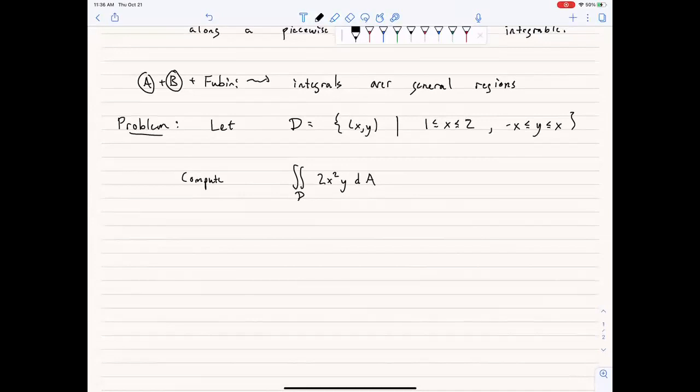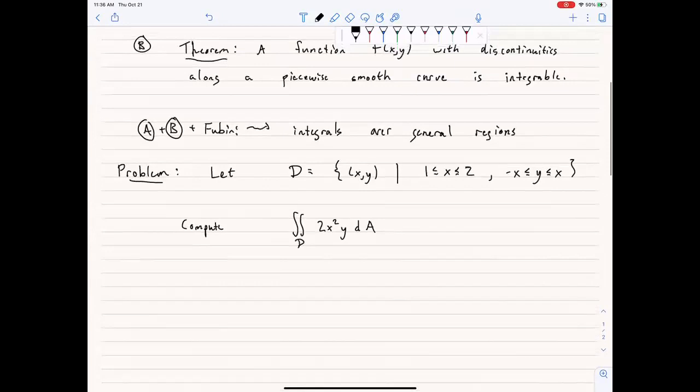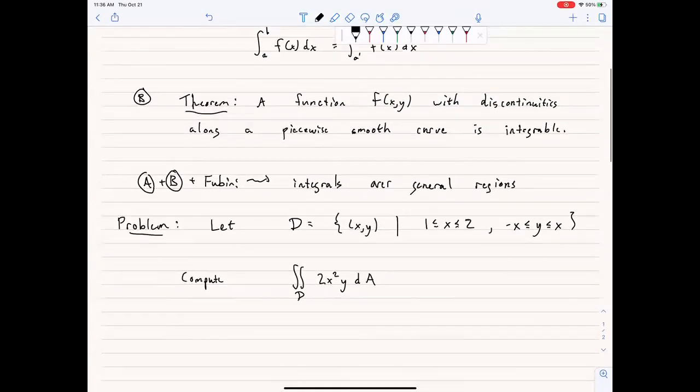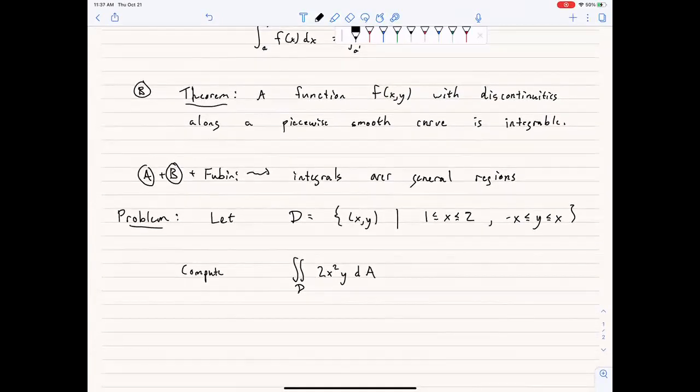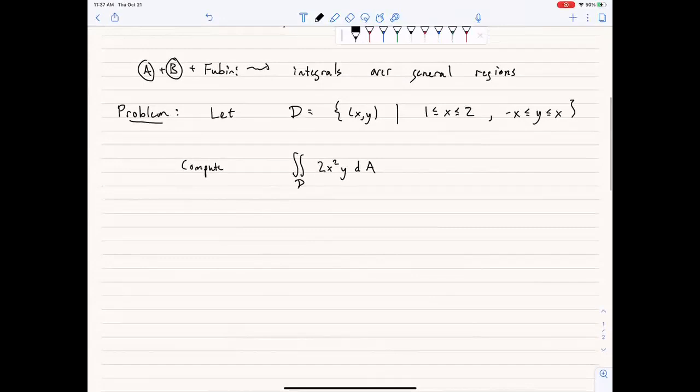I'm going to give you the formal picture in a second, but let's just work through this problem and see what we can say. The first thing that you want to do in a problem like this is figure out what your domain is, what it looks like.